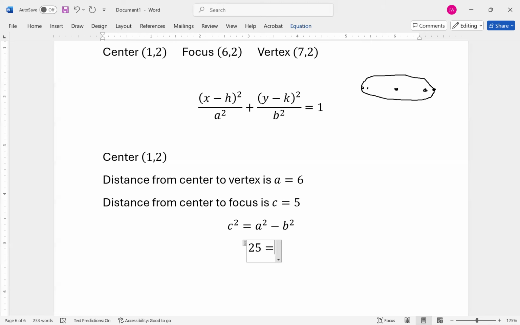A squared is going to be 6 squared, which is 36. If I take 36 minus 25, I get 11. So if I add B squared to both sides and then subtract 25 from both sides, I get B squared is equal to 11. Or some people would write B is equal to the square root of 11.